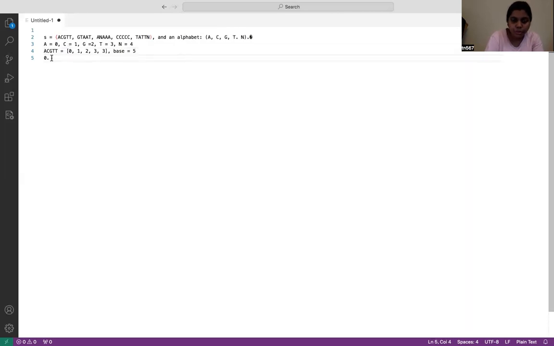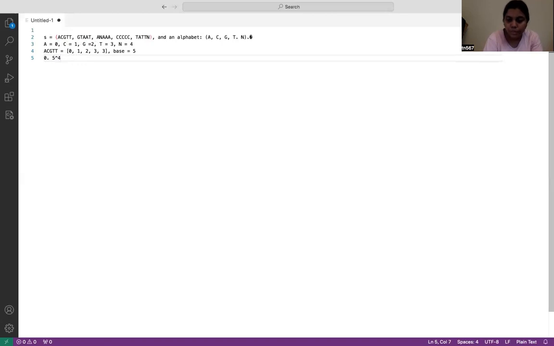So 0 times 5 to the power of n minus i minus 1, where n is the string length, and i is the index of the alphabet, which is 0. So 5 minus 0 minus 1 is going to be 4. I'm going to represent the power with a cap.